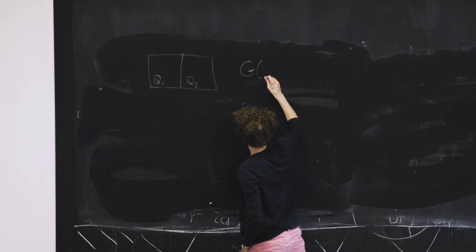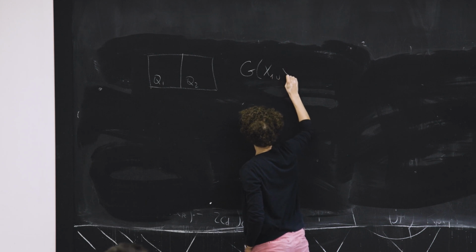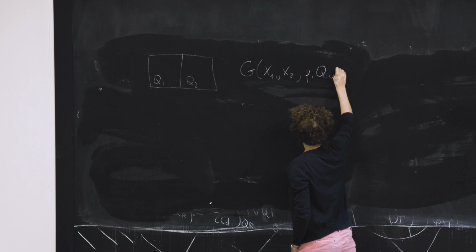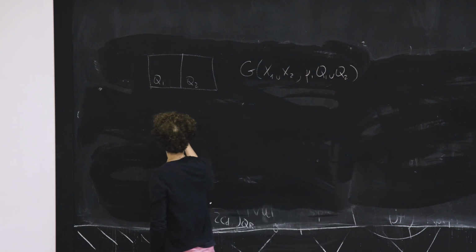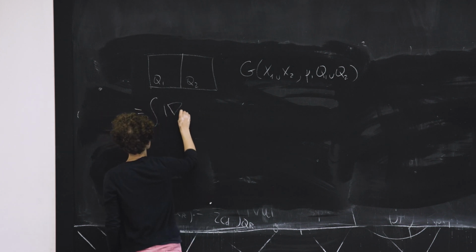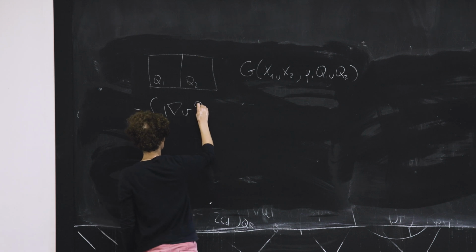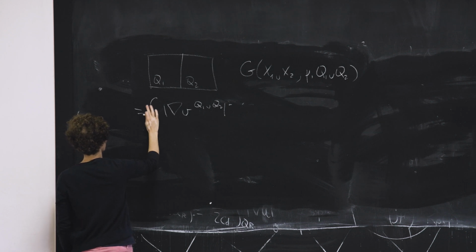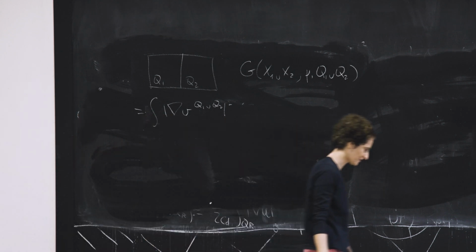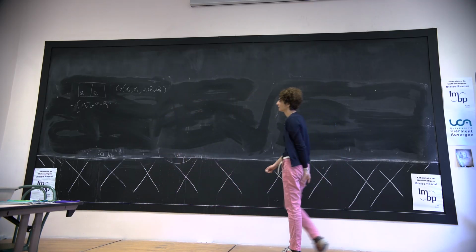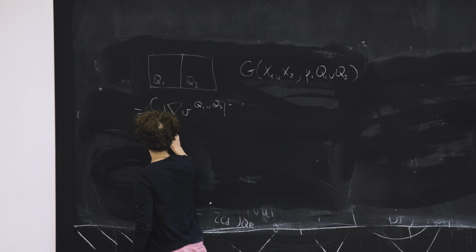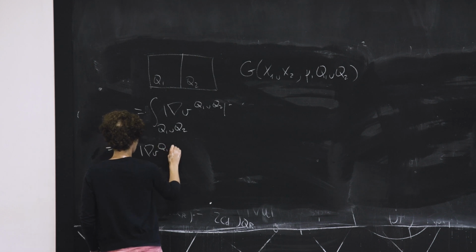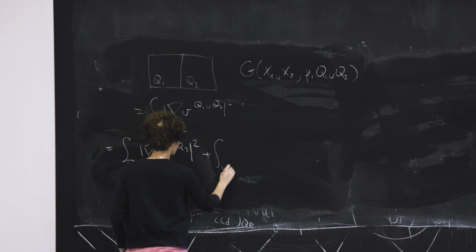I can talk about G of my union of two configurations, I mean the union of the two cubes. So what is that? That's the integral of grad V, let's call it like that, Q1 union Q2 squared. I'm going to drop these constants in front. They bother me for nothing. So this is in Q1 union Q2, and that is certainly the sum of the integrals over Q1 and over Q2.